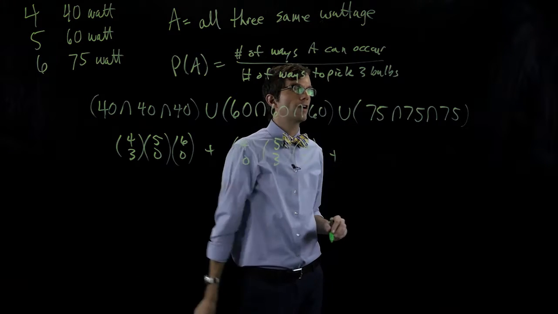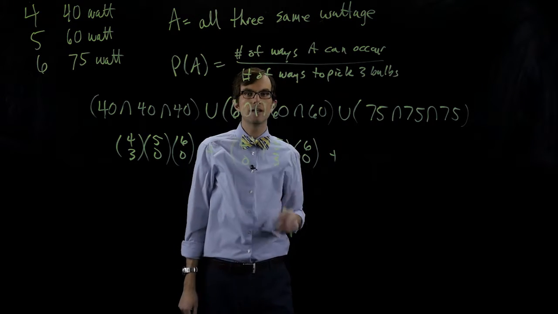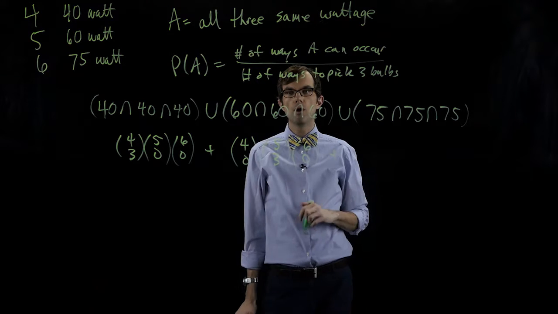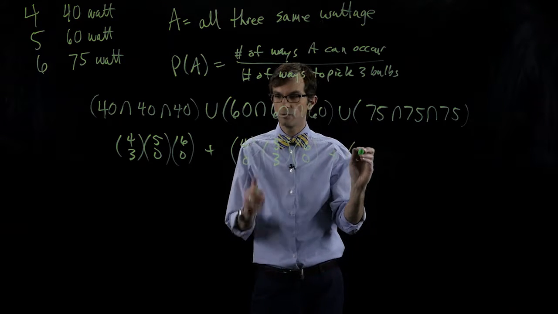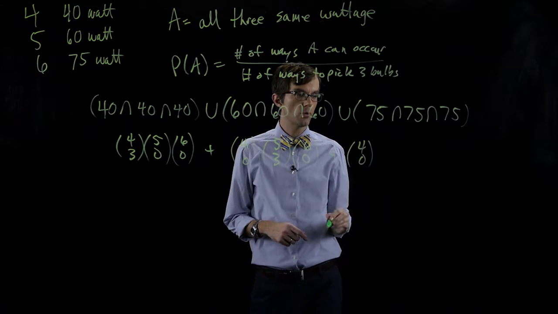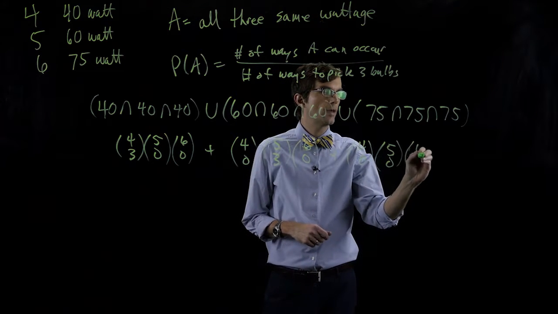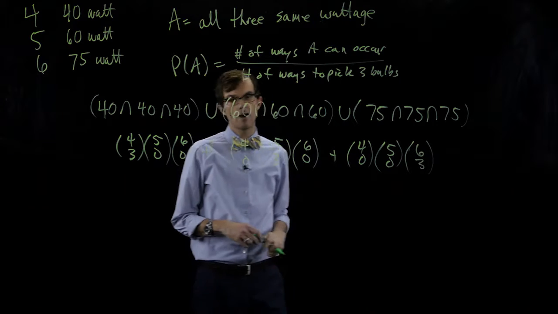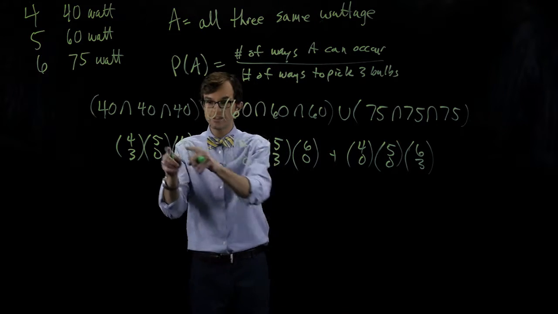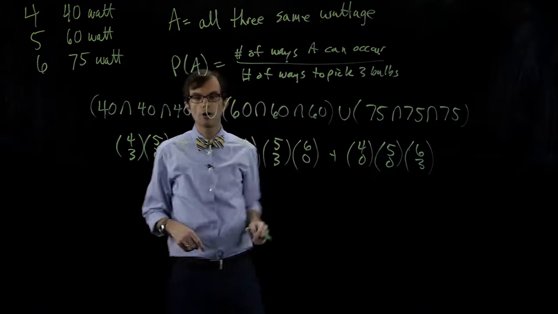Finally, how many ways are there for us to pick all 3 at random and they all be 75 watts? Well, that means we're picking none that are 40 watts, none that are 60 watts, and all 3 that are 75 watts. So this is the number of ways for A to occur.